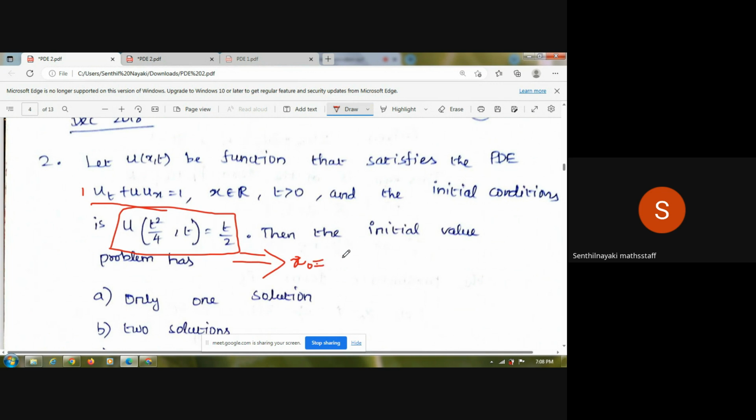X naught is t square by 4 and y naught is t. Then what about the value of u naught? Yes, correct, t by 2.